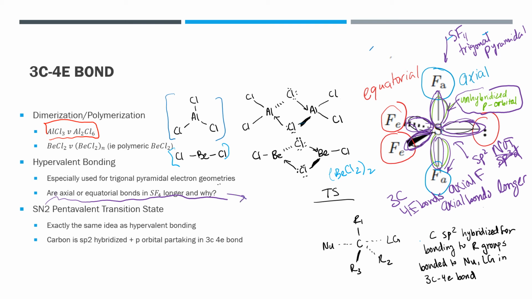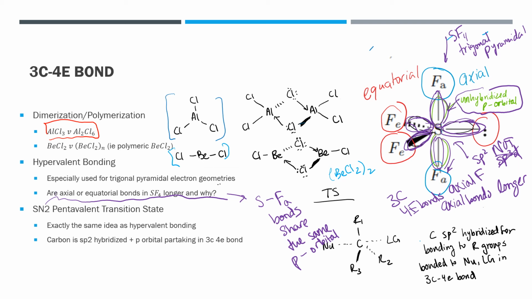So basically, looking at SF axial, the bonds share the same p orbital, because the sulfur is not sp3d hybridized but instead sp2 hybridized.